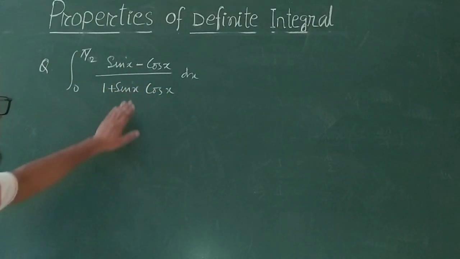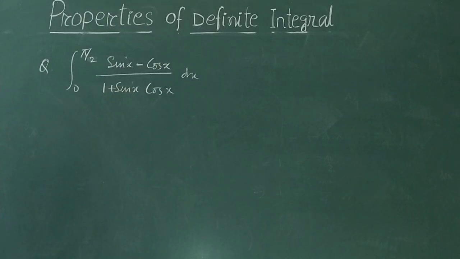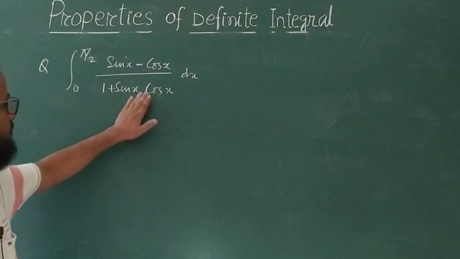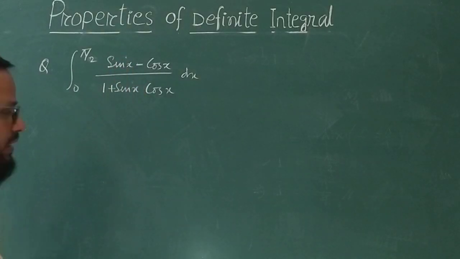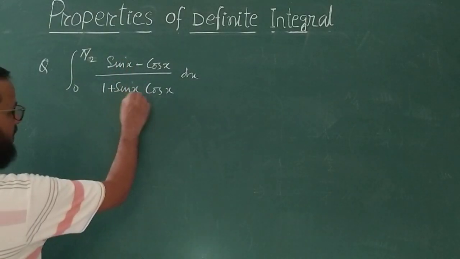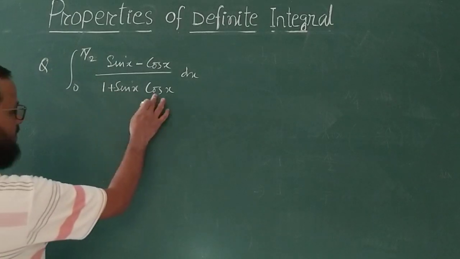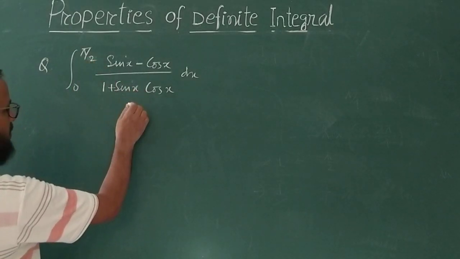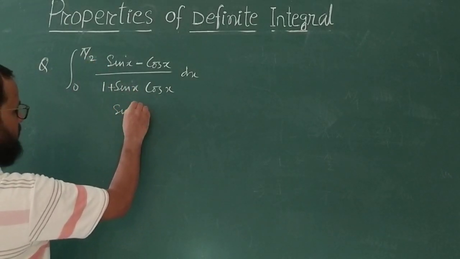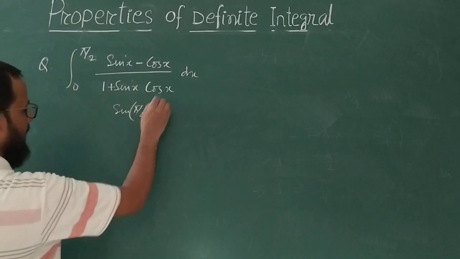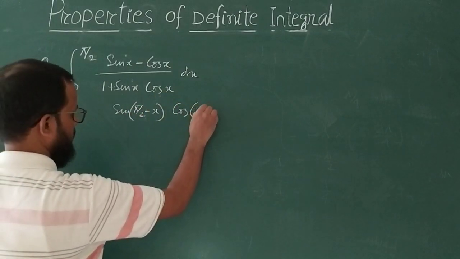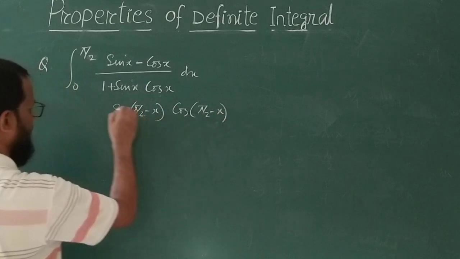To solve such type of integral, your aim is to perform the integral. Here you see in the denominator the term is 1 plus sin x cos x, and the integration is 0 to pi by 2. If you use the property, in place of x put pi by 2 minus x, then this will be sin of pi by 2 minus x, and cos of pi by 2 minus x, and plus 1.